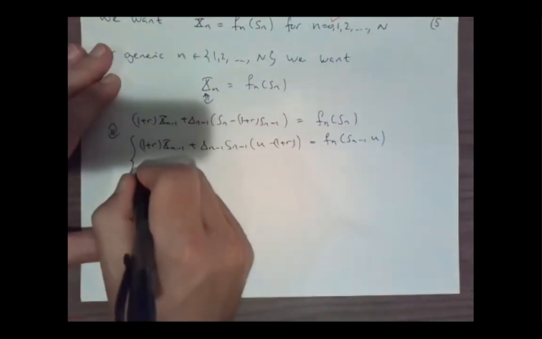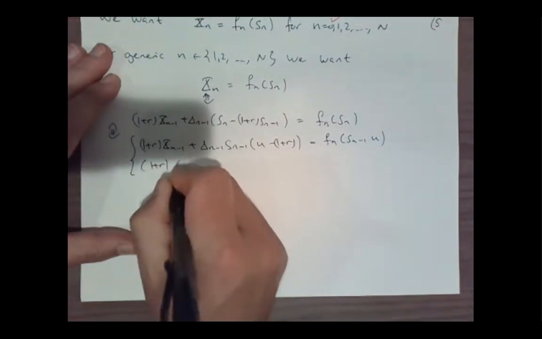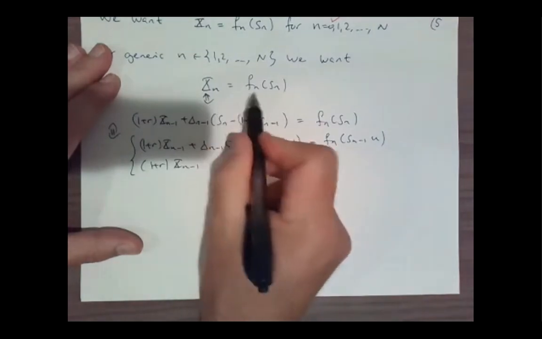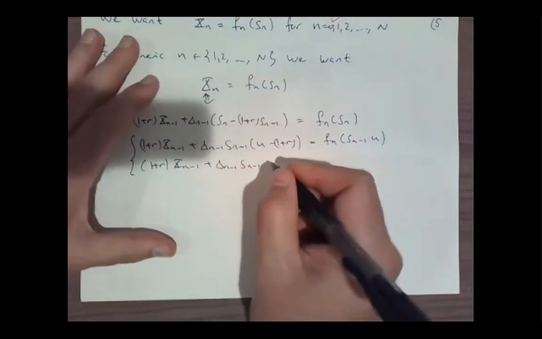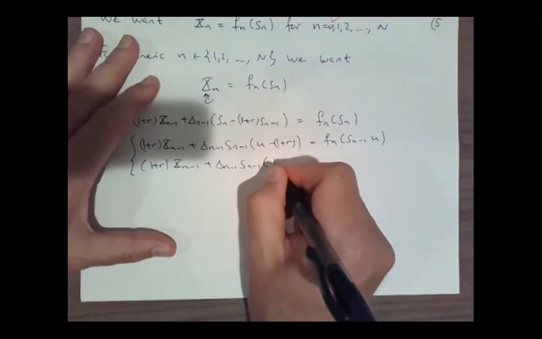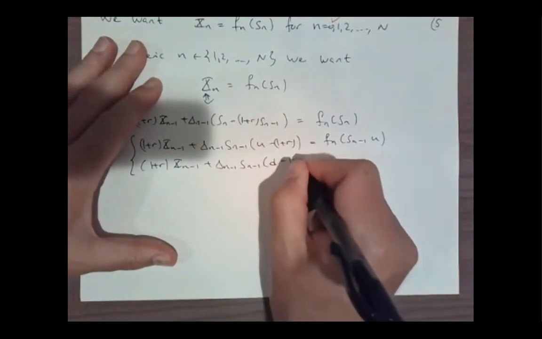And likewise, if I end up in a down state, I also want this to hold. So I'll put in the value of Sn in the down state. This will be d minus 1 plus r.